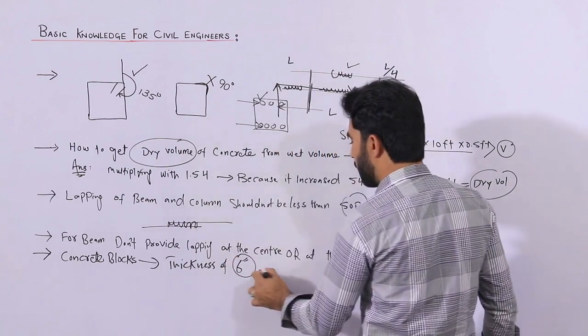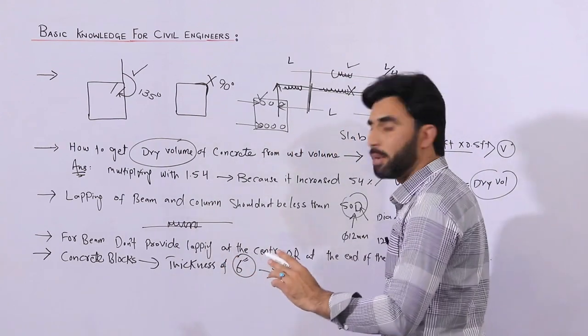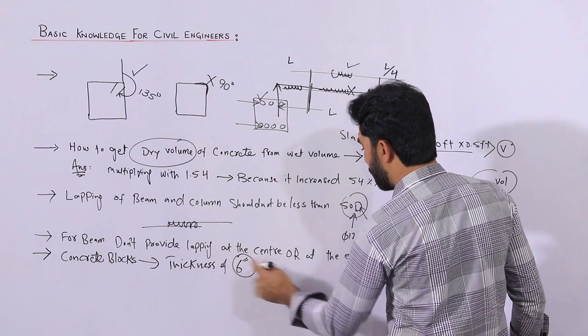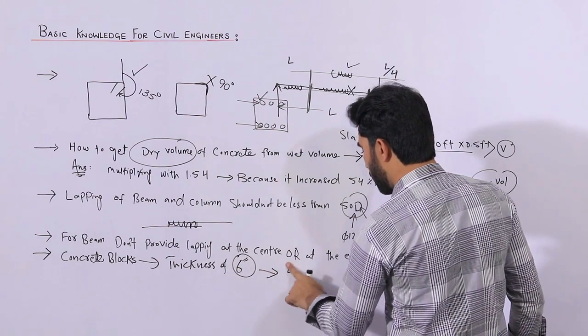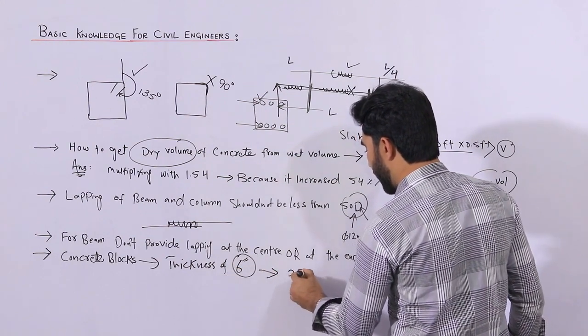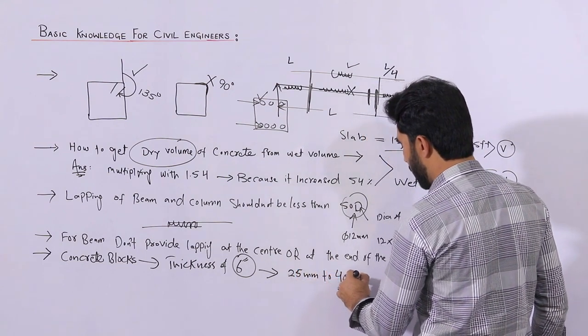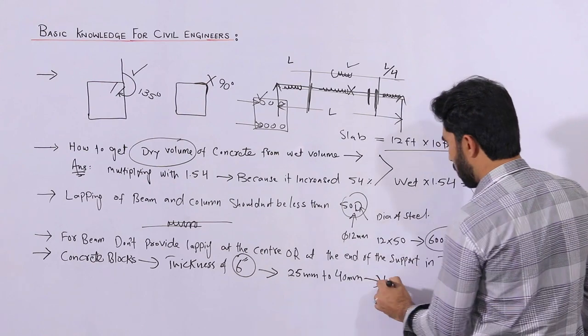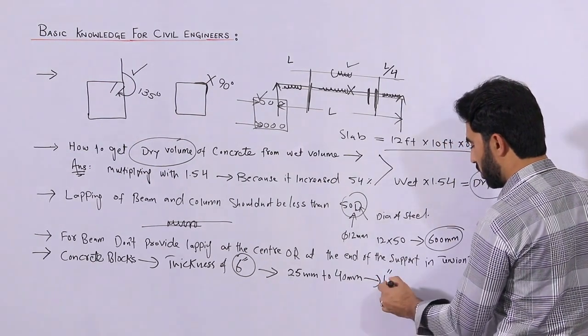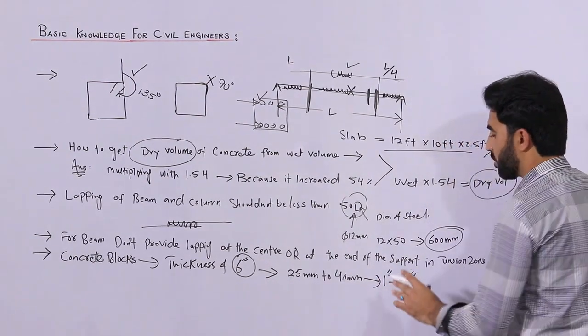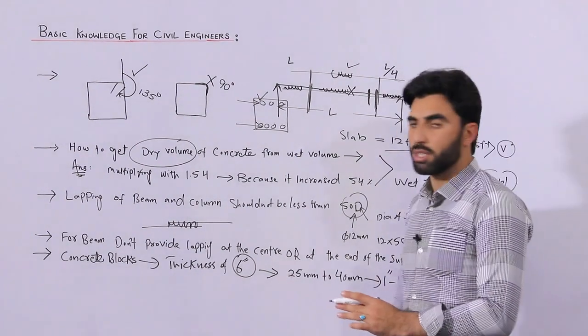At the thickness of 6 inches, you can provide concrete blocks from 25 mm to 40 mm, or you can say from 1 inch to 1.5 inches. This is also very important.